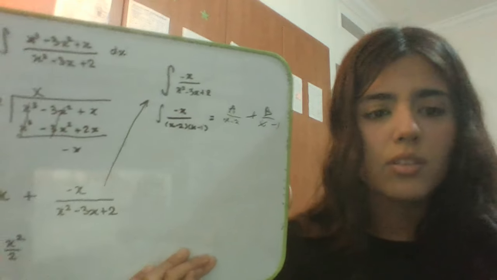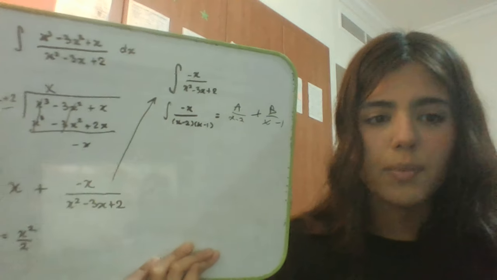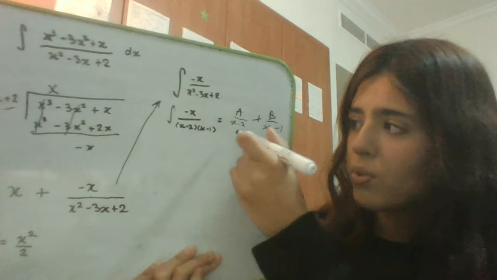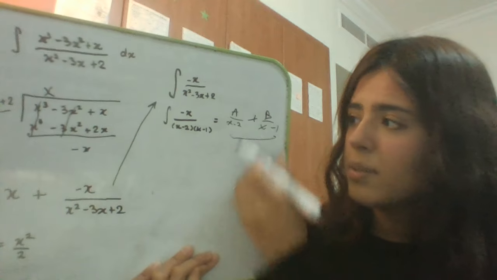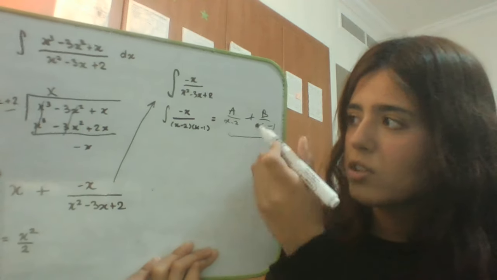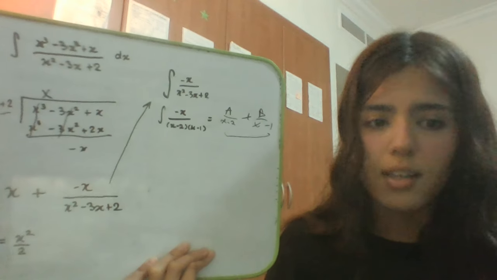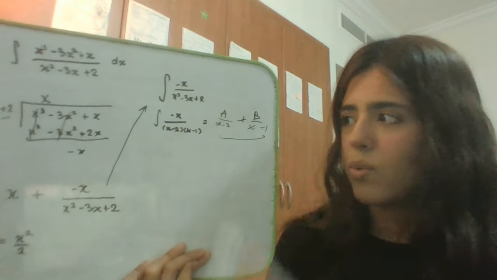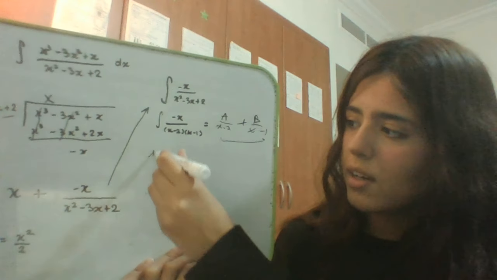And for this, we're going to be using something called the cover-up method. So now that we wrote it out like this, we're going to be taking the non-permissible value for each term and find out what A is. We want to find out what A and what B is. So I'm going to write that out.